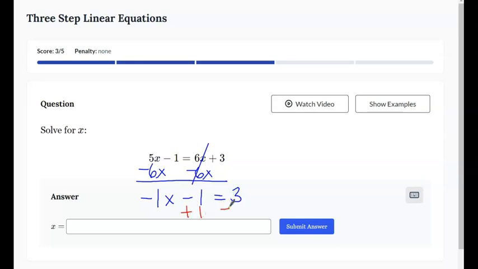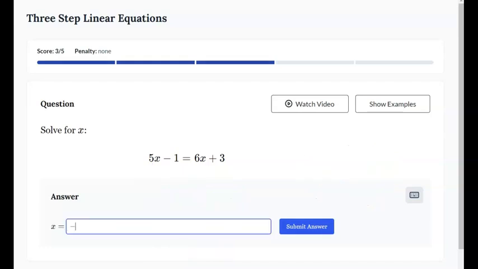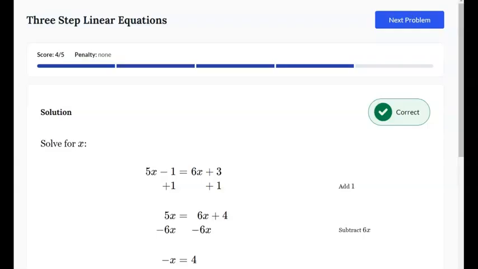So now I have to add my constant here, and then I'm going to rewrite my final step. Looks like x will be equal to -4. All right, let's move on to the next topic.